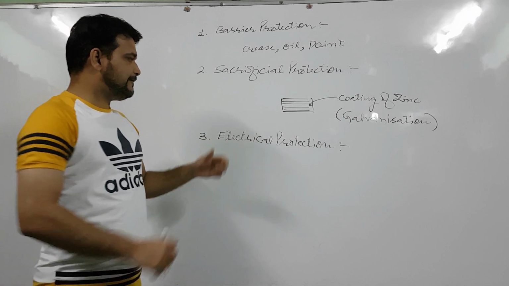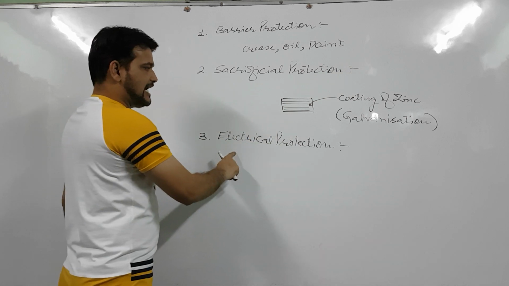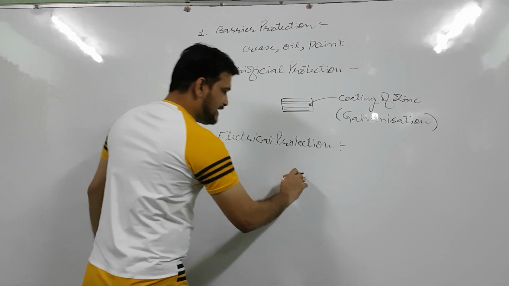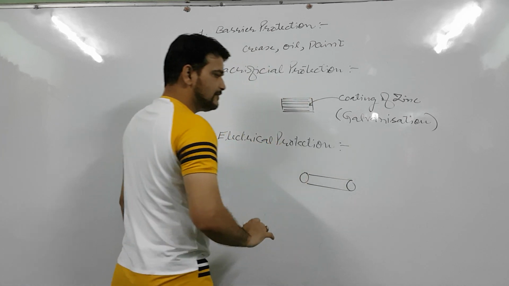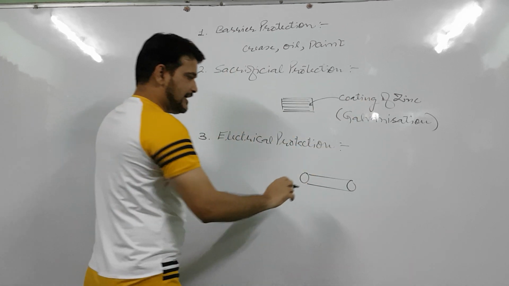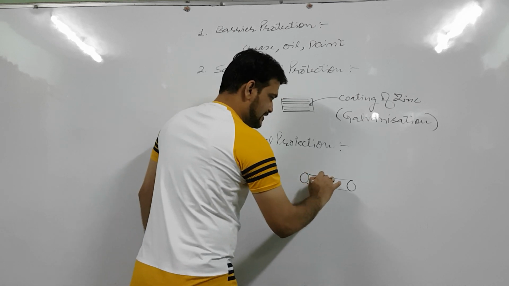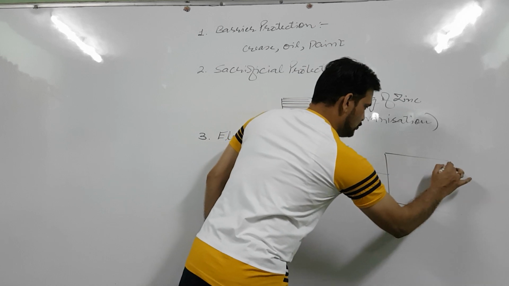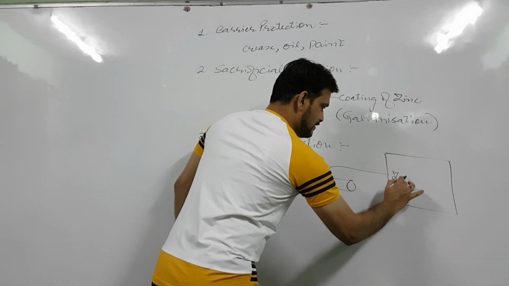But if the iron object is connected to zinc, then that will be electrical protection. For example, if we have underground water pipes, then coating of zinc is not possible. Then what we will do is connect this iron object to a container having solid zinc.